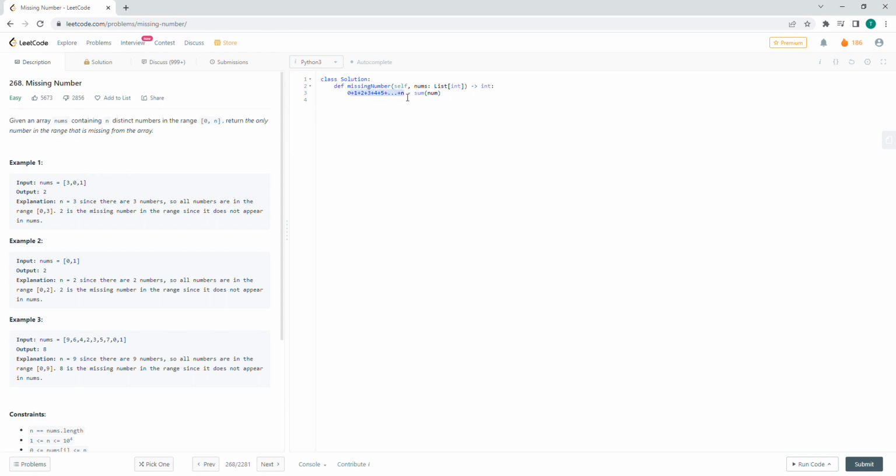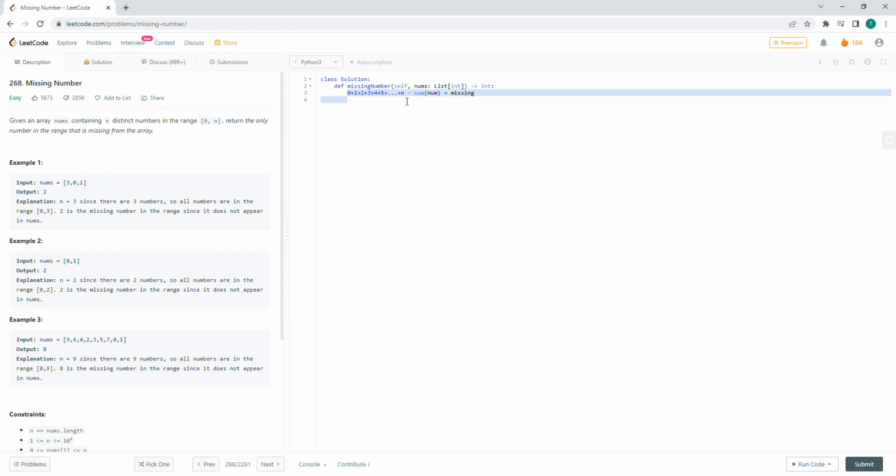If we were to know the series addition and we minus it from the sum of what we have so far, then we would know that the remaining number is the number that's missing. Does that make sense? So if we add all the numbers between 0 to n together, that's a known thing. And then we minus the sum of all the numbers in the array nums, then the remaining number is the number that is not in the array.